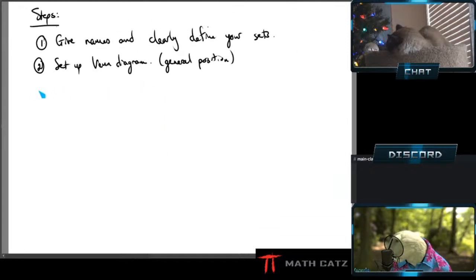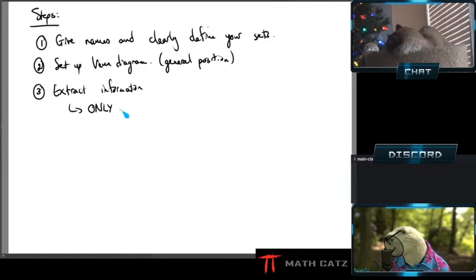I'd rather be safe. Then I want to extract information. Ideally, I want to put numbers in the Venn diagram because it's going to make things so much easier. However, capitalize that one.